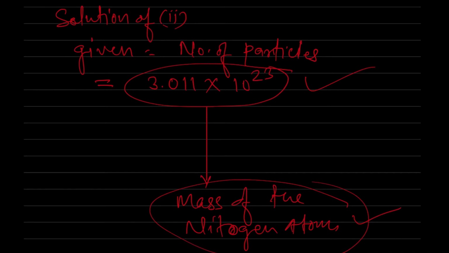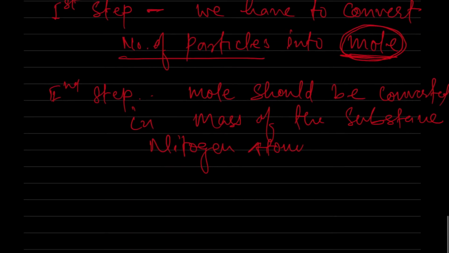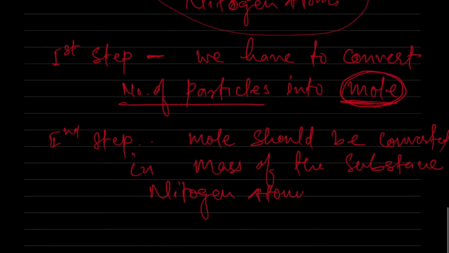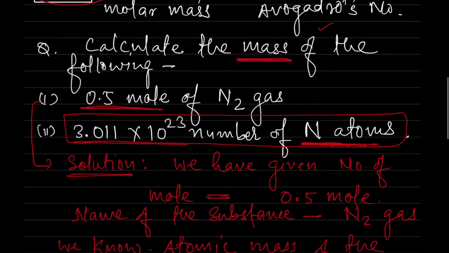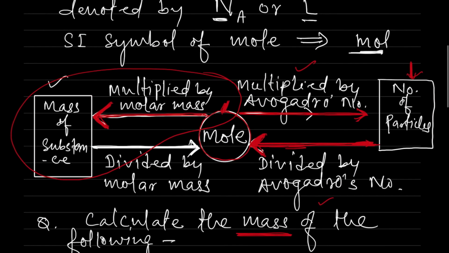So one by one we are going to solve this. First of all, with this relationship, number of particles are given. If number of particles are given, then these number of particles can be converted into mole by dividing by the Avogadro's number.